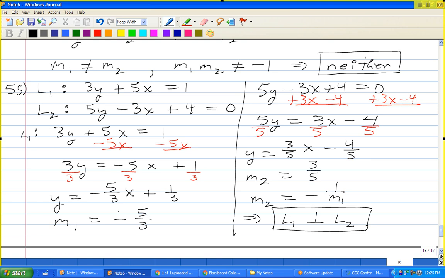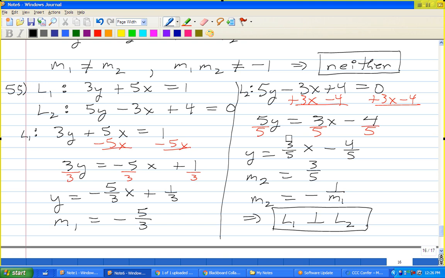Next, I want to determine the slope of the second line. So let's do L2. I want to isolate y on one side of my equation. So let's bring the 3x and the 4 to the other side. Now I want to solve for y, so we'll divide every term by 5.